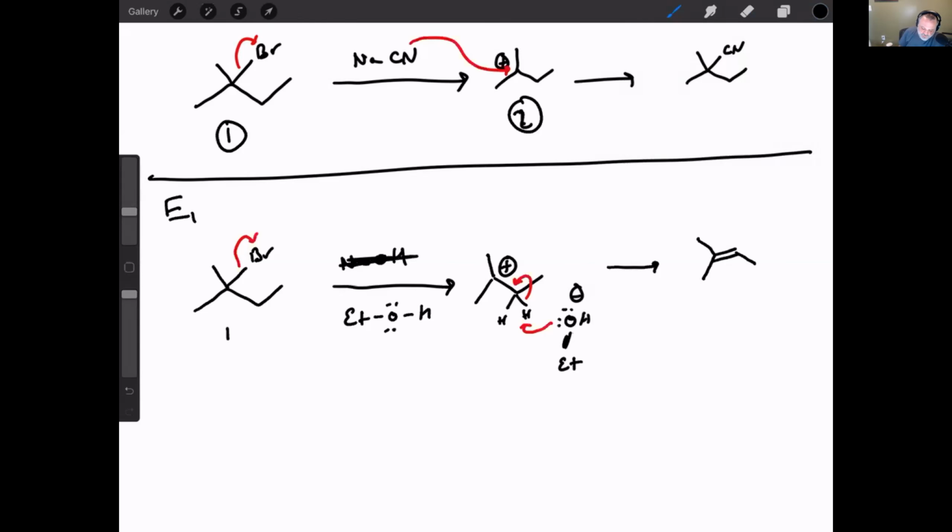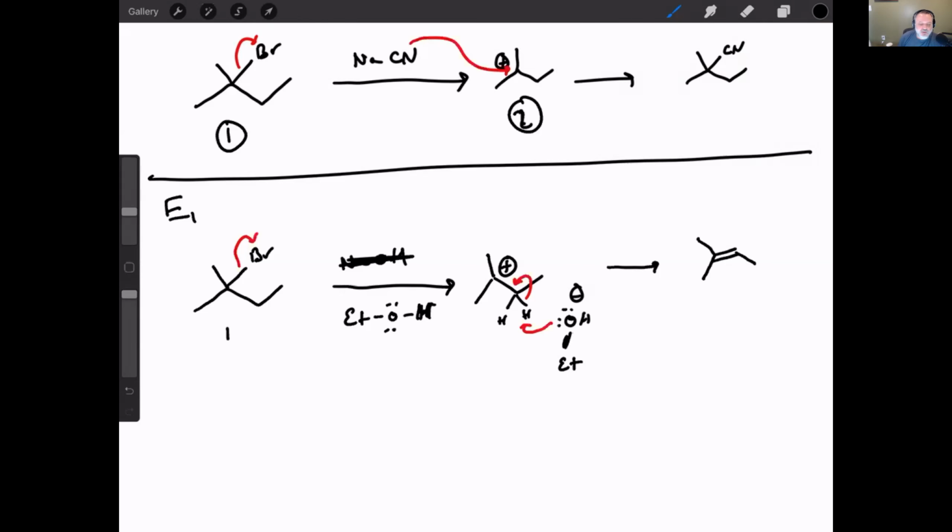So instead of sodium hydroxide, I do the same reaction in ethanol, and now I end up with the same product. And so what I want to illustrate with this switchover of reagents is that before, when I had ethanol in the solution, I showed you a substitution reaction. Now, when I have ethanol in the solution, I'm showing you an elimination reaction.